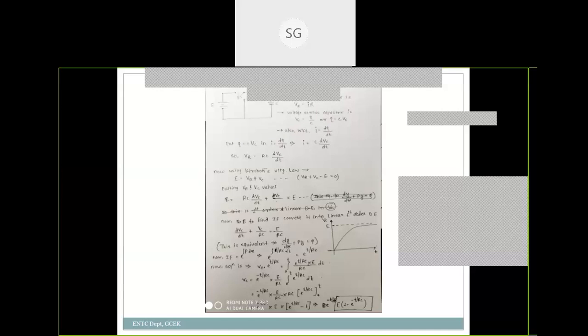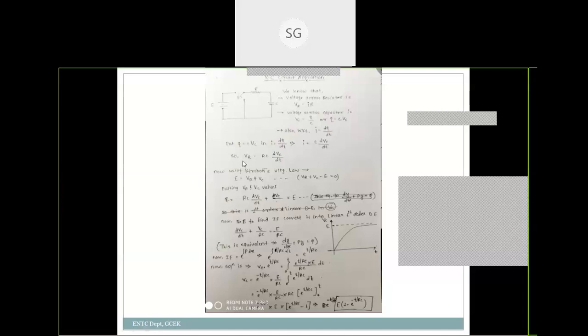Now next is put Q is equal to CVC. Let's say VC is equal to Q by C, then Q is equal to CVC. If we put Q is equal to CVC in dQ by dt, then we will get C dVC by dt. These steps we have covered, and if we have not covered, then we'll just quickly revise.